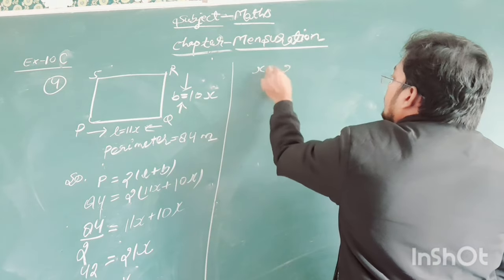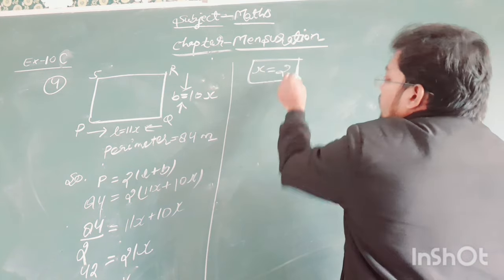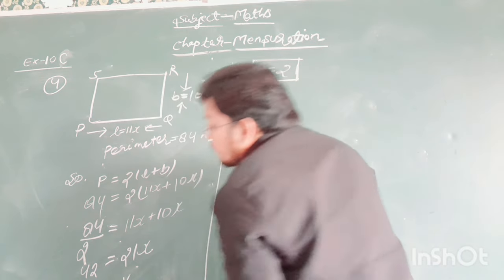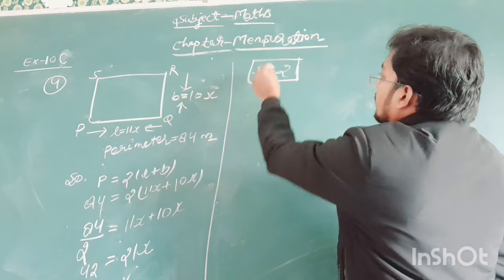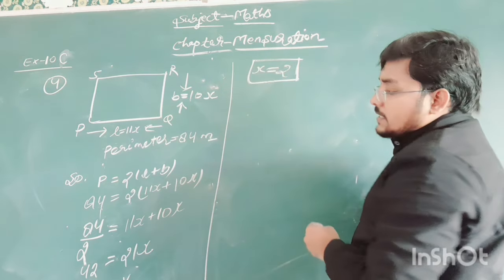x is equal to division of 42 and 21. 21 2s are 42. Here x is equal to 2.